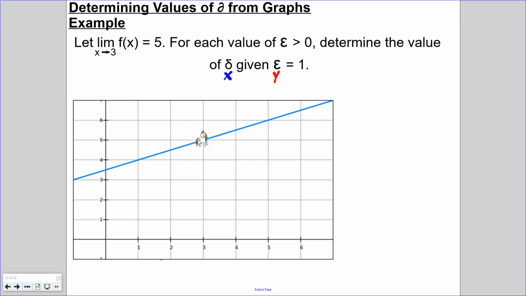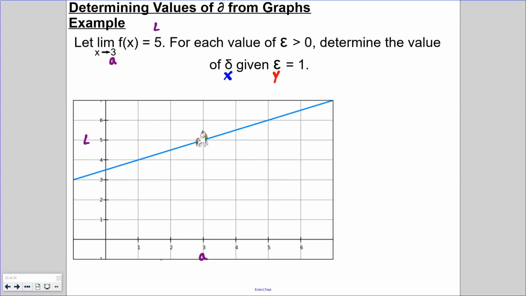So we can see that our a value is going to be 3, and that our L value is going to be 5. And as you'll notice on the graph, that is where our unicorn is. And we can see that the L value is at 5, and the a value is at 3. Now, we said that the distance between L and f of x is epsilon.